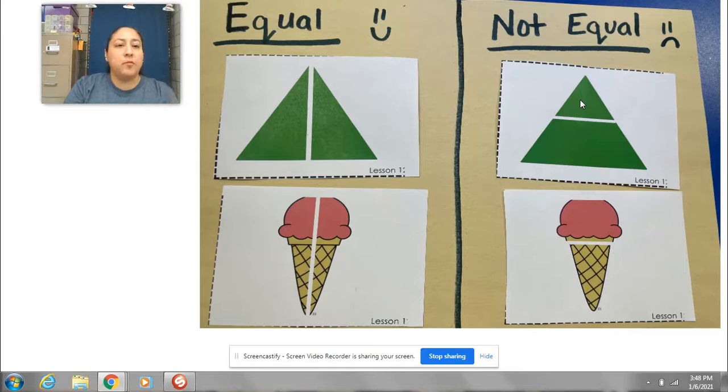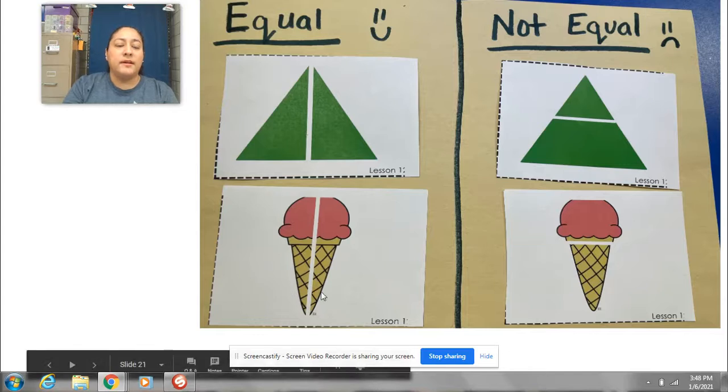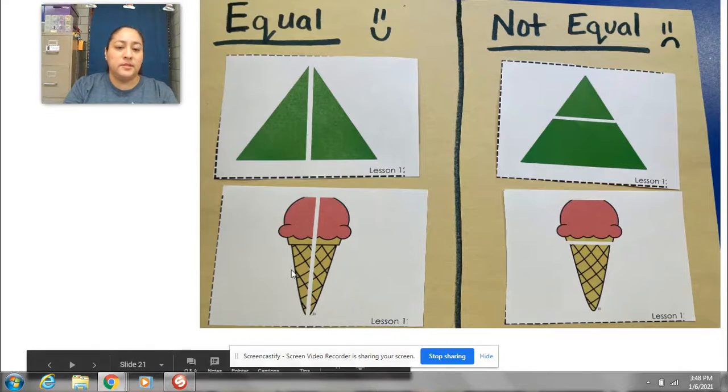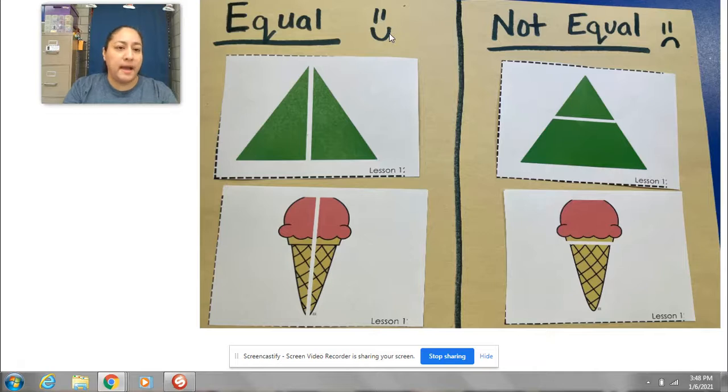So here's another example of what equal and not equal means. Here we have an ice cream cone that we cut down the middle. I'm going to take this side or this share, and then I'm going to give this one away. And we're both going to be happy because we're both going to get an ice cream cone that is the same size.